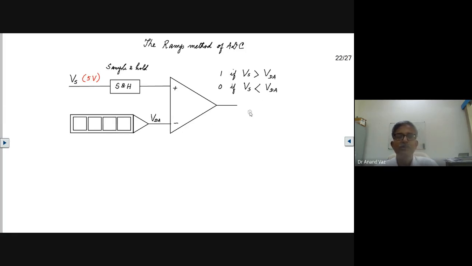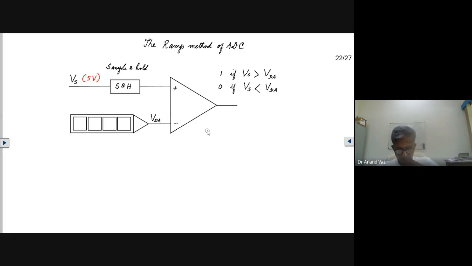So you will get a 1, and in that case, this has to be incremented.